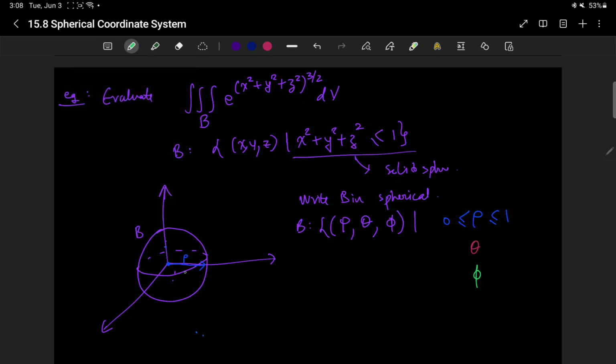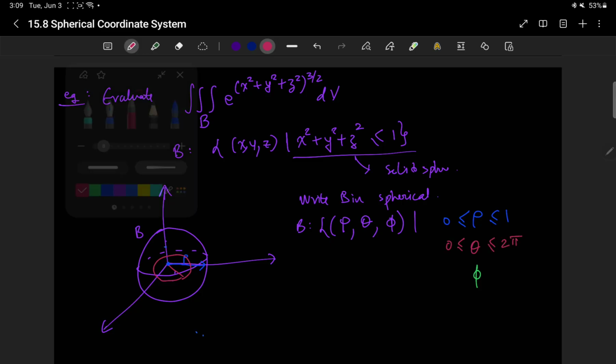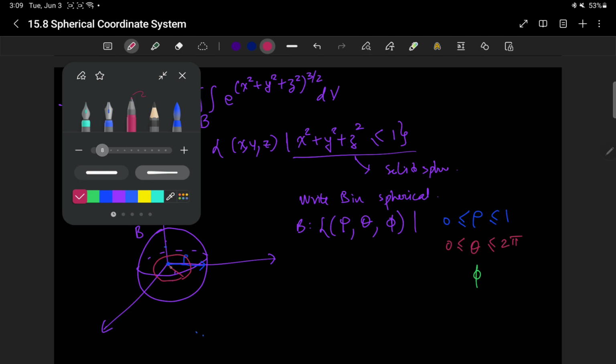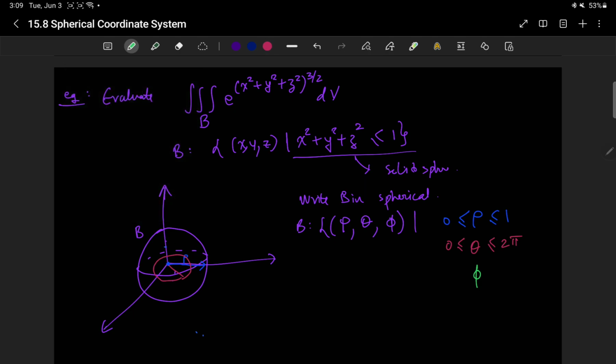If you look at any point over here, theta is doing one full circle of this form. Theta does one full round, so it goes from 0 to 2 pi. Already at this point, the radius and theta have given us the shell, which means phi only has to go halfway around. So phi is only between 0 and pi.